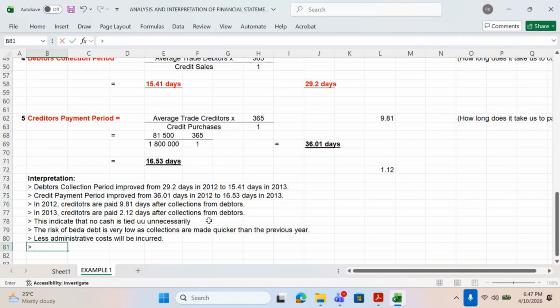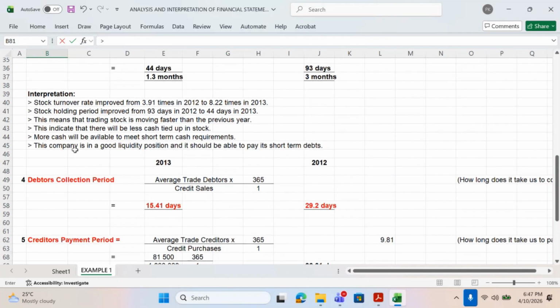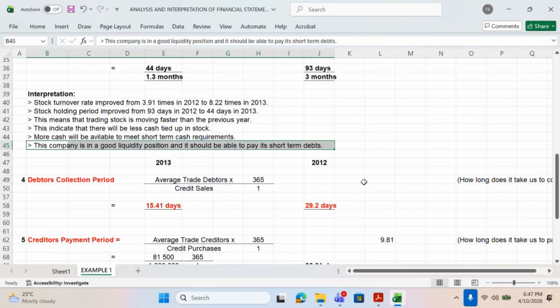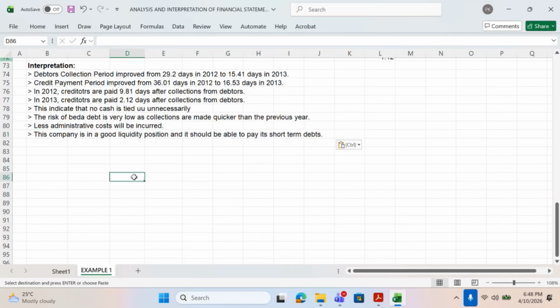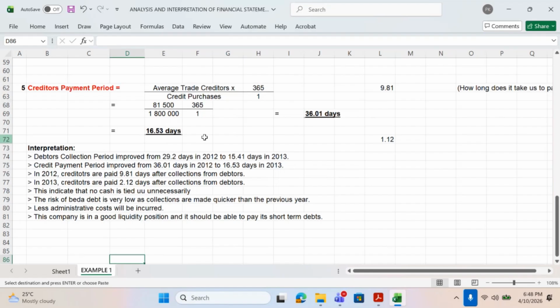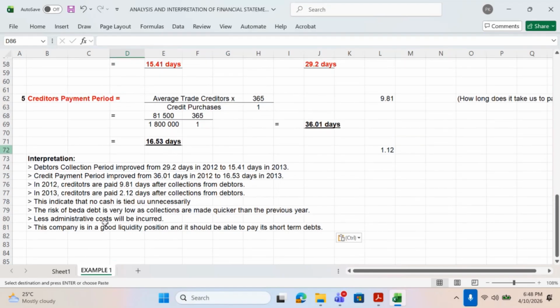And then we can close it now. Obviously, we always have to talk about the liquidity position, because all these ratios are talking about the liquidity position.